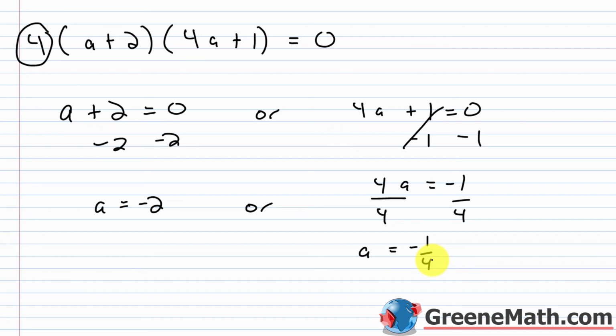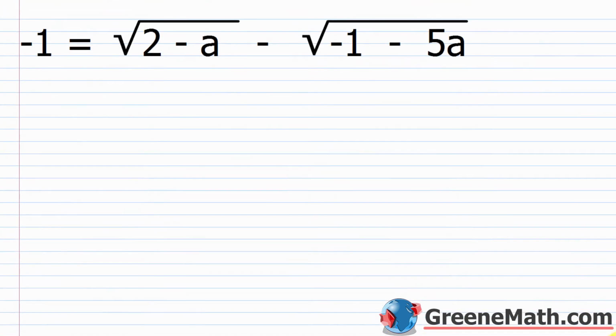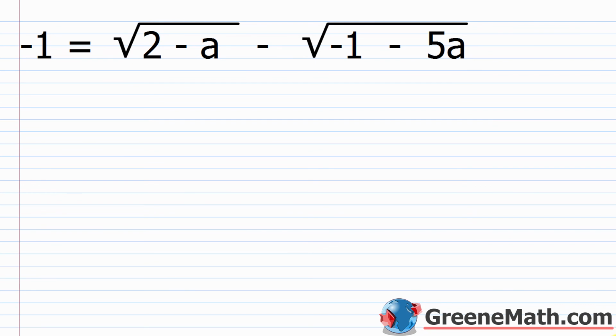Now, let's go back and check each one to make sure that they work in the original equation. We have a equals negative 1/4 and a equals negative 2. Let's start with a equals negative 2. If I plug that in, we have negative 1 is equal to the square root of 2 minus a, negative 2 is like 2 plus 2, so the square root of 4.